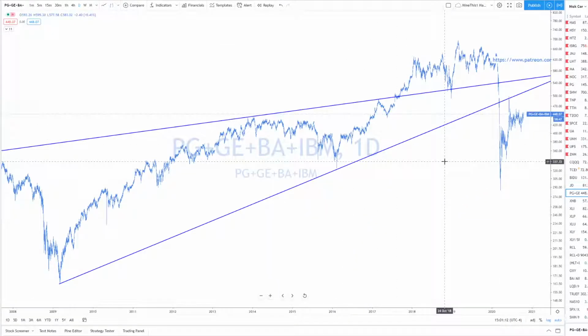All right. So if we were to take BE, GE, Boeing, and IBM and make it into an index, this is what it would look like. Not very bullish, is it? And that's another thing that misleads people in terms of their 401ks. They look at the index and they're like, oh, the index is going up, but I'm underperforming.